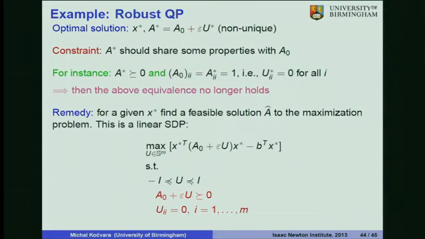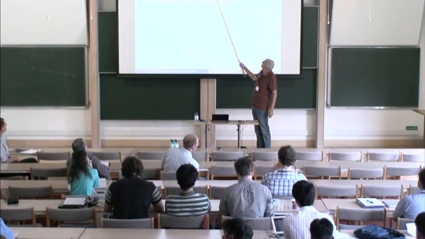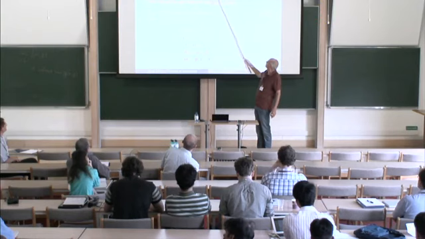For instance, if this was a stiffness matrix coming from finite element discretization, I know that the sum of the rows of the stiffness matrix is always 0. I also want this for the robust counterpart. It may be some perturbed matrix, but it still may be required to be a finite element matrix or stiffness matrix, perhaps for some other mesh, for some other problems, but it's still a stiffness matrix, so it also should have the row sums equal to 0, which will not be the case with the optimum we computed.